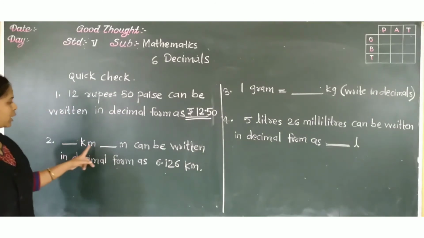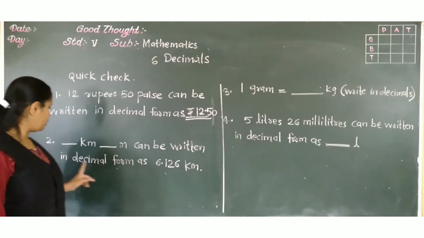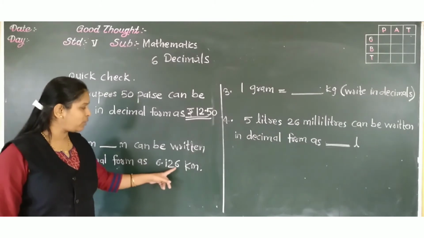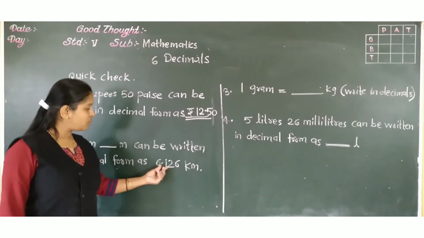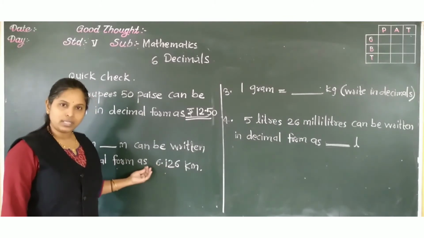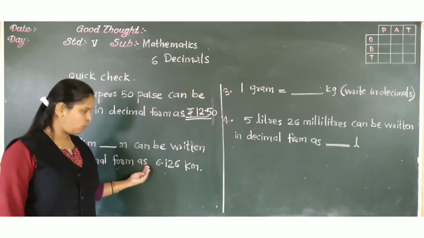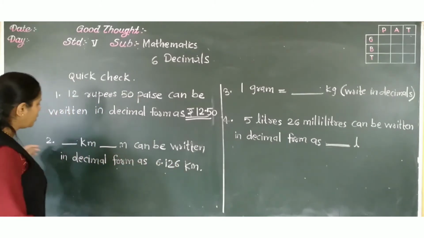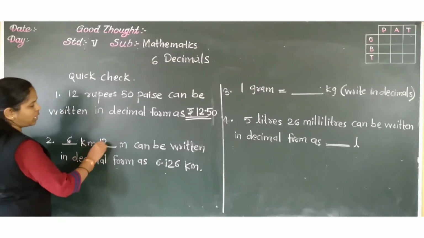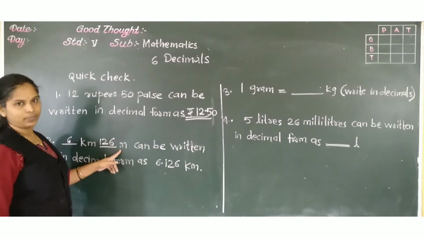Now, dash kilometer and dash meter can be written in decimal form as 6.126. So in this, before the decimal point it is kilometer and this many meters, that is 6 kilometer and 126 meter.